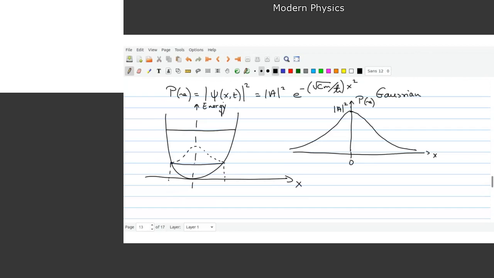These are the turning points, and so you have a higher probability of finding the particle right at the middle of this extension. So the particle is oscillating in this potential energy, in this well. It can be at any position between these two turning points, but the higher probability of finding it is right at the middle, what we call x equal to 0.